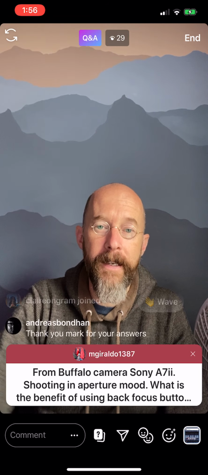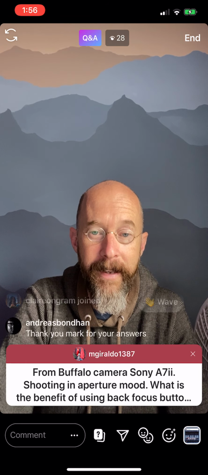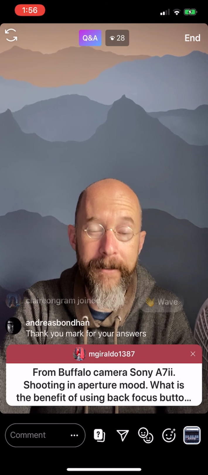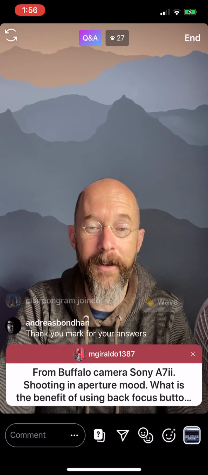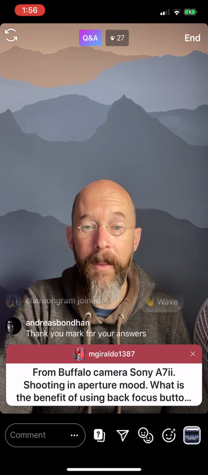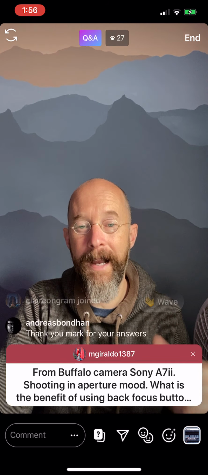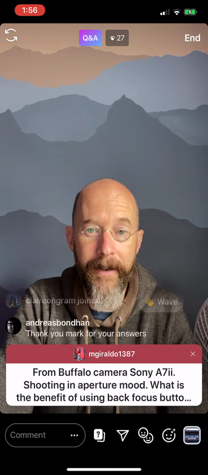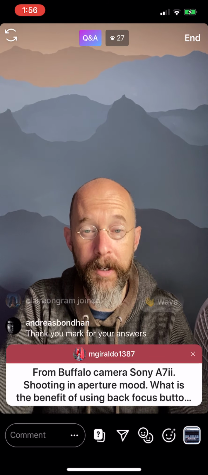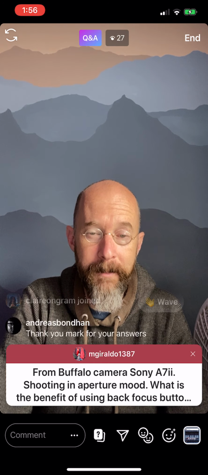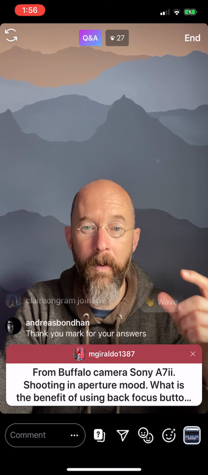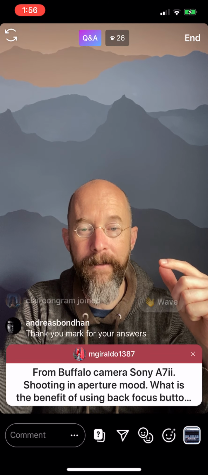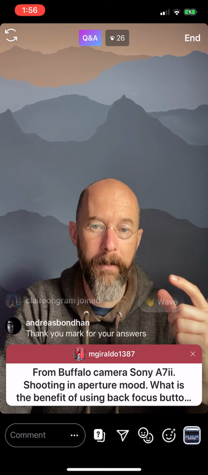However, a lot of photographers swear by it, and I don't know why, but why don't you give it a try? And if you feel that you like it, then definitely go for it. And you can, by the way, program it so you have both back button focus and the traditional default focus on the shutter button. Now, I do understand some technicality. A lot of photographers don't want the risk of one button serving two purposes when they only want to press the shutter button to get the picture.